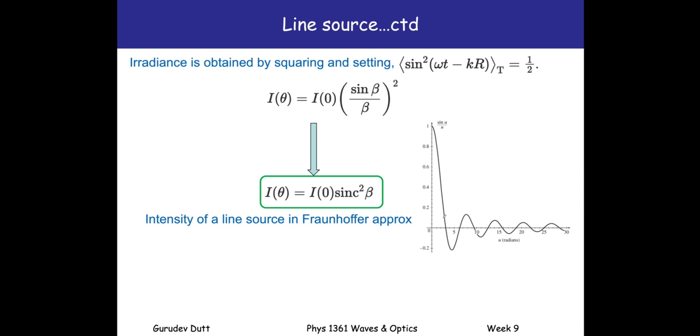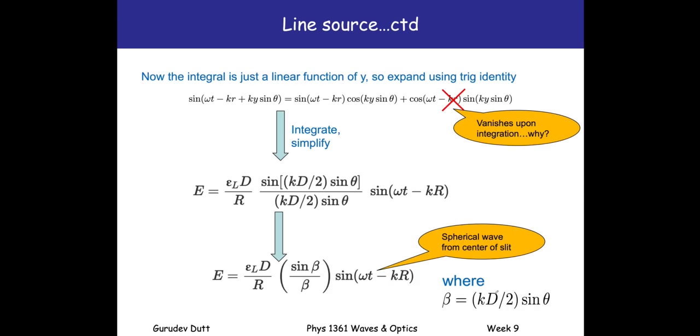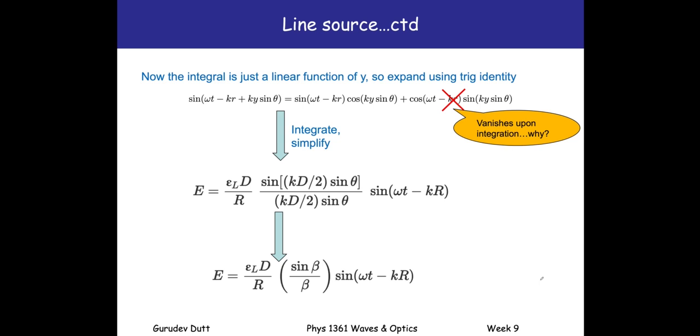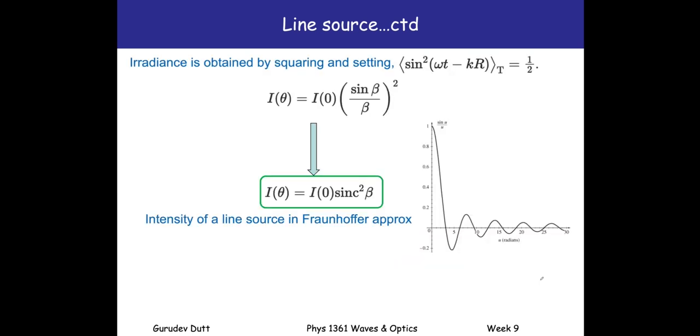Sine beta will vanish first at beta equal to pi. So the intensity of a line source in this Fraunhofer approximation depends on the angle theta, which features in beta. Remember, beta depends on d, the size of the line source, but also on the angle theta in the xy plane. That is what makes beta vary.